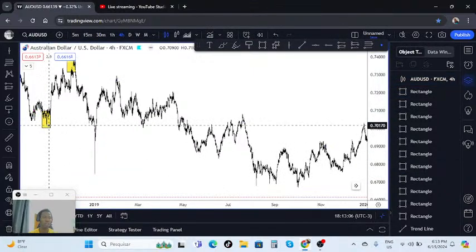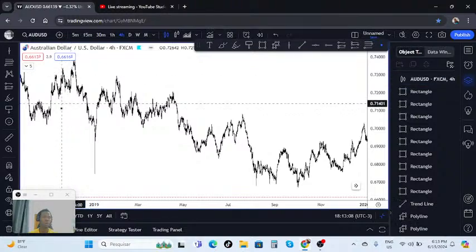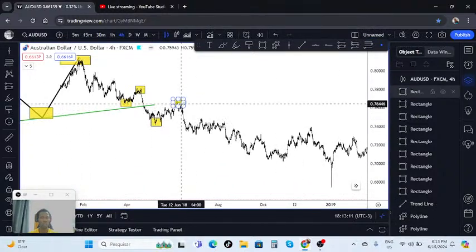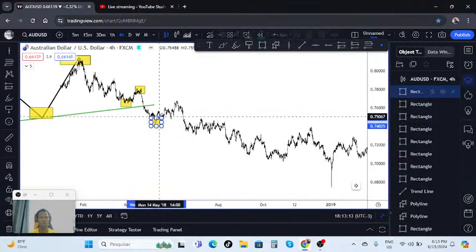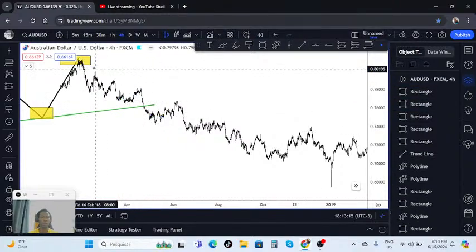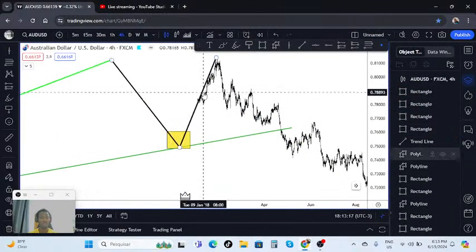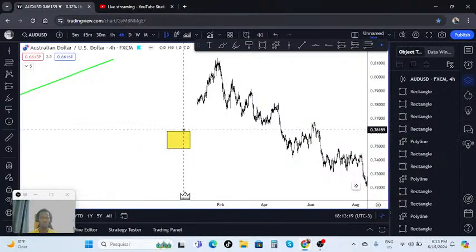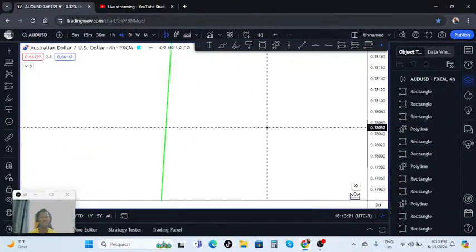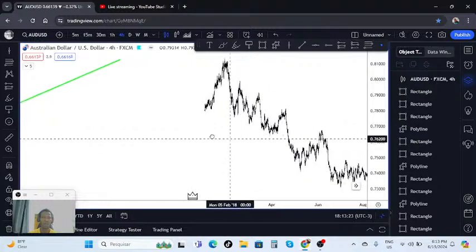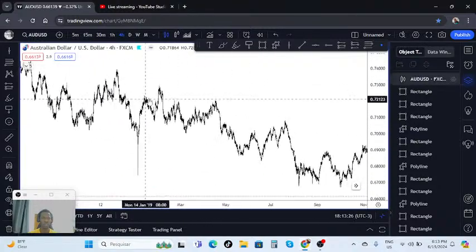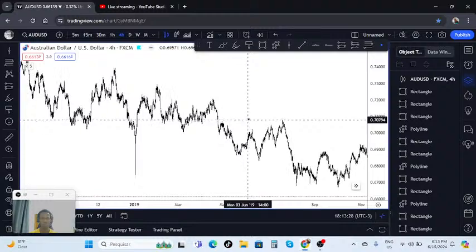Like I said earlier, until you become so familiar with it, this is what you have to keep doing until you are so good at it. You have familiarized your eyes with it, you understand it, no problem, then you can easily spot it. I think on the 4-hour chart we didn't get the monthly resistance band.